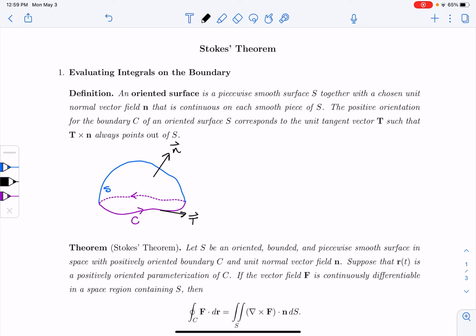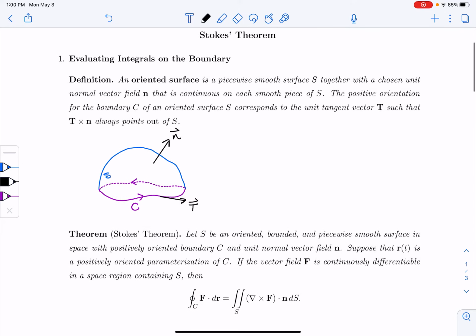And we're going to suppose that r(t) is a positively oriented parameterization of C. If the vector field F is continuously differentiable in a space region containing S, then the line integral of F dot dr around C is equal to the double integral of the curl of F dot N dS.